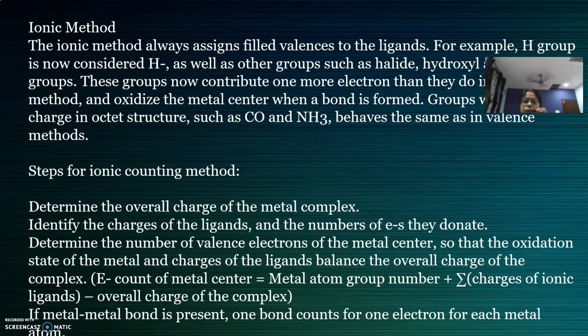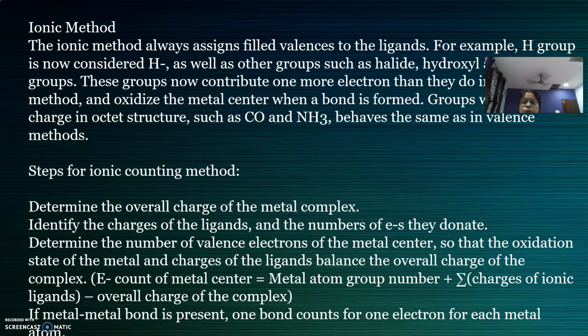For example, if we have a chlorine atom, Cl, in the neutral method it will donate 1, but in the ionic method chlorine will convert to chloride. Cl plus 1 electron will give you Cl-. So immediately that chloride will now donate 2 electrons. So in the ionic method, the metal is taken in its common oxidation state and the ligands will accept the number of electrons they can accept.